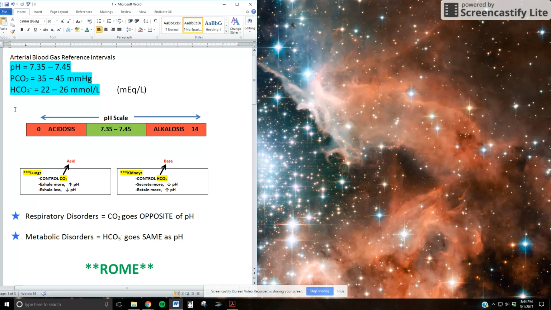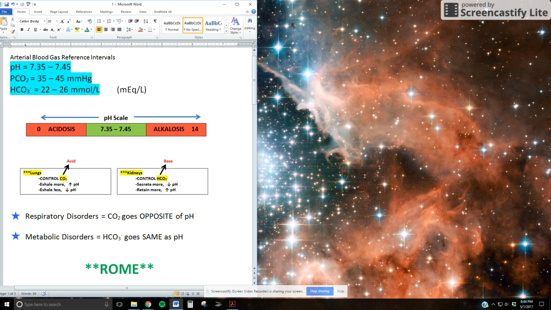I think for these problems, we can just throw those two values out. You really only need these three: pH, partial pressure of CO2, and bicarbonate. So here you want to write these down and memorize them.